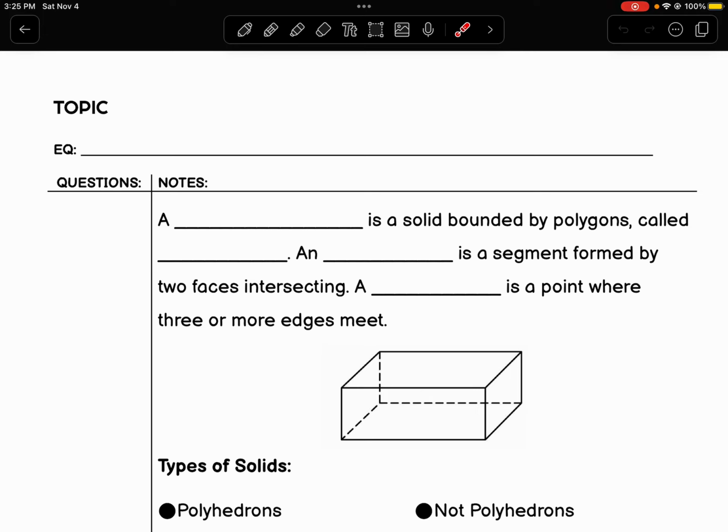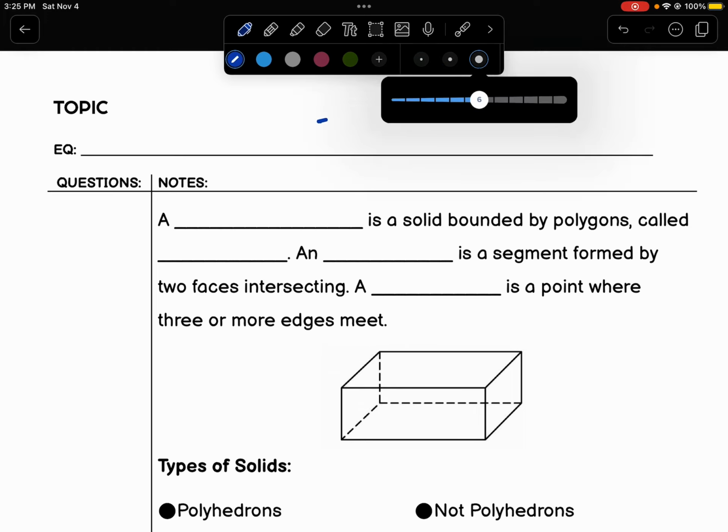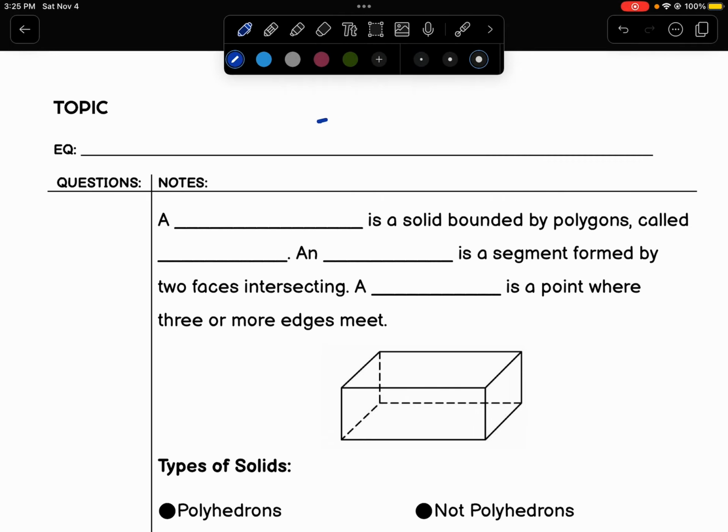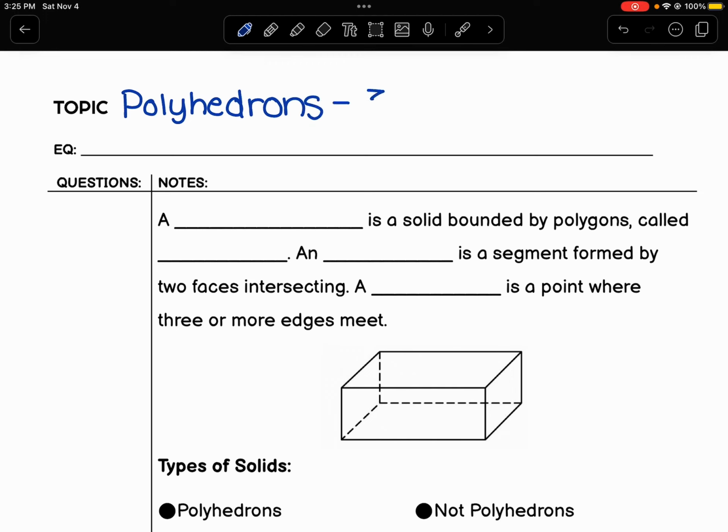Go ahead and title the notes you picked up from the front table "Polyhedrons: 3D solids."